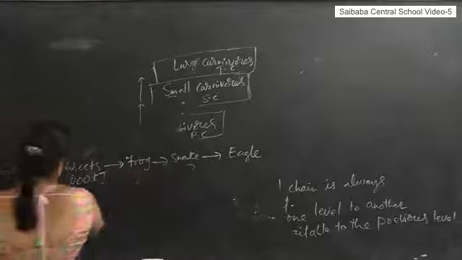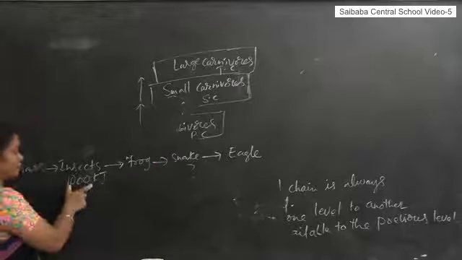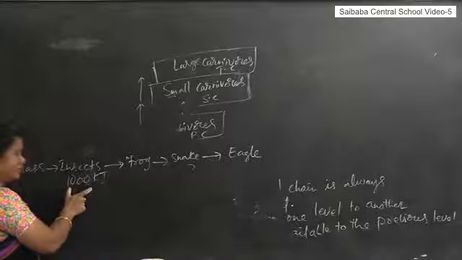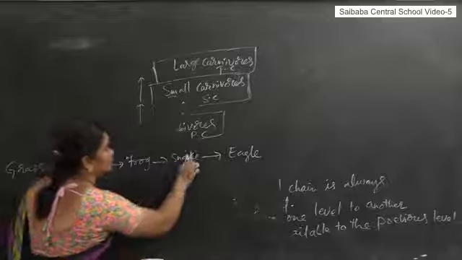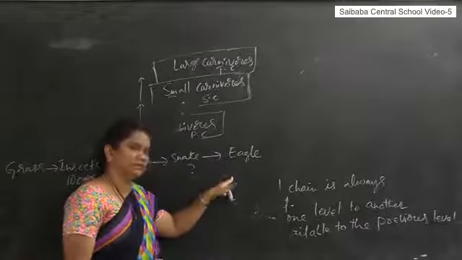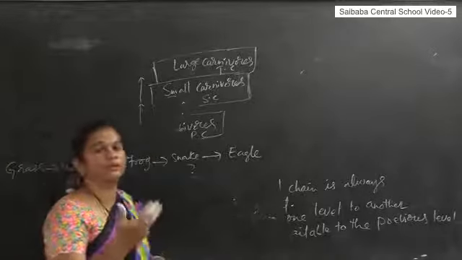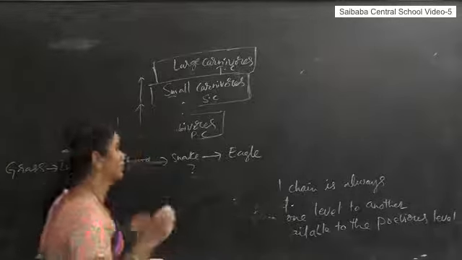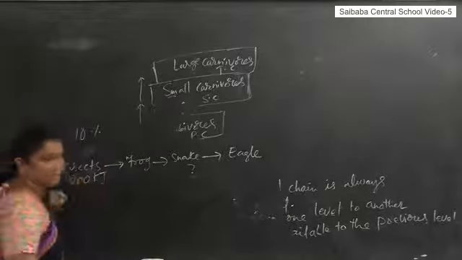The board may give you a food chain, and at any one trophic level they will give the available amount of energy, and they will ask you to calculate how much energy is available at the position of snake or maybe at the position of eagle. As I have already told you in the previous video, on an average in a food chain, how much energy is available? 10%.